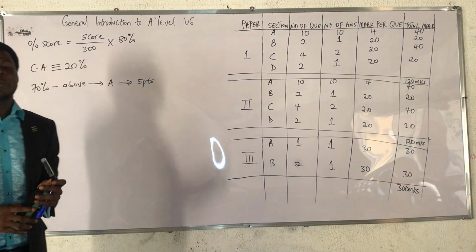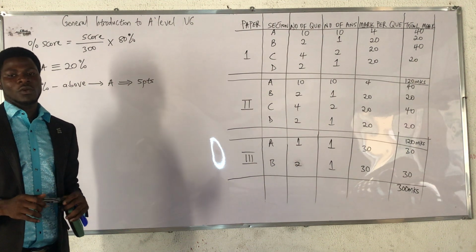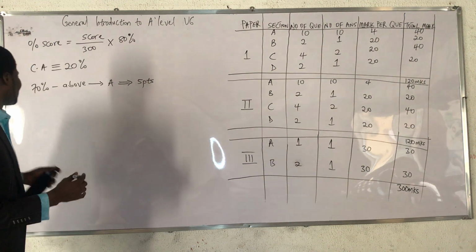And total obtainable points in IGMB is 16. Why is it 16? I will explain that.